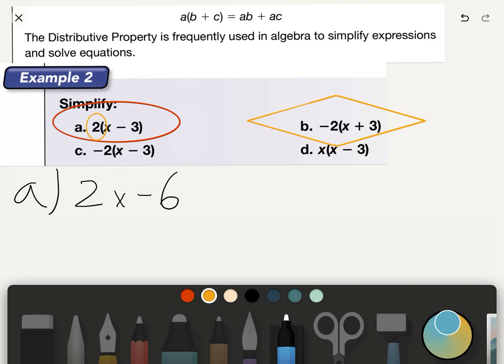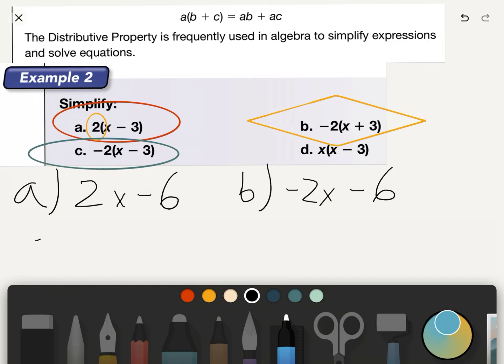Okay, looking at B. Yeah, I totally meant to do that. Negative 2 times x, negative 2 times positive 3 is negative 6. So we get negative 2x minus 6.